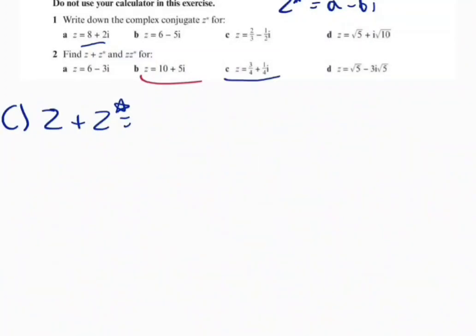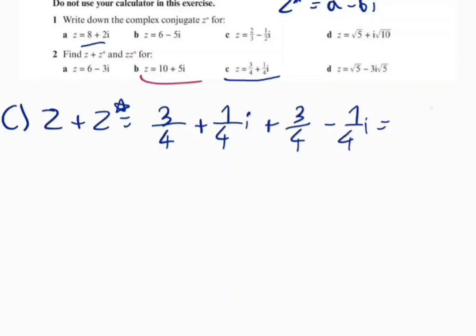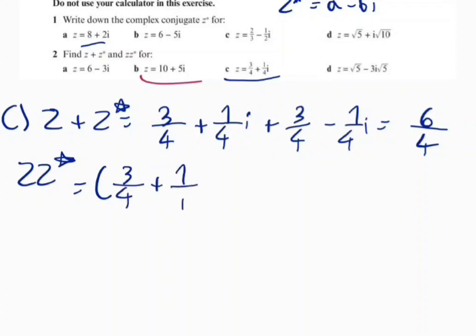C, z is equal to 3 over 4 plus 1 over 4i. So we have 3 over 4 plus a quarter of i, then plus 3 over 4 minus a quarter of i, and then we get 6 over 4. Now we should multiply them. So 3 over 4 plus a quarter of i, then 3 over 4 minus a quarter of i. Again, we should just expand this bracket.